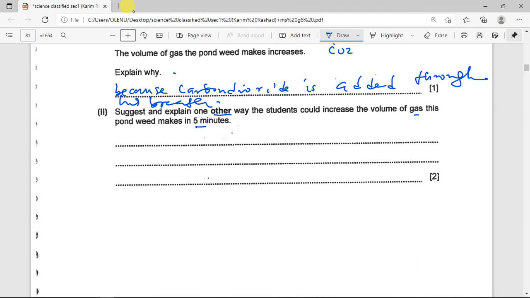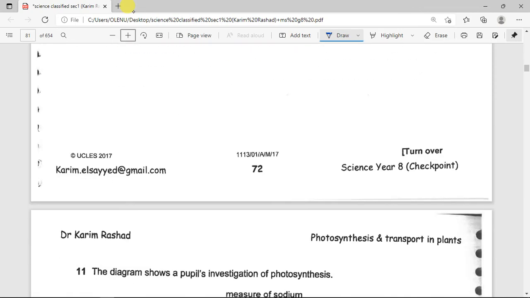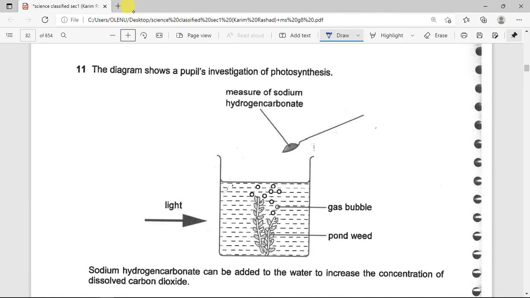So I think the answer there is they should move the lamp closer, to make more light available. So to increase the rate of photosynthesis, more gas will be produced.